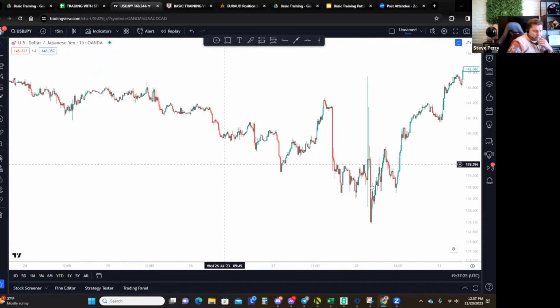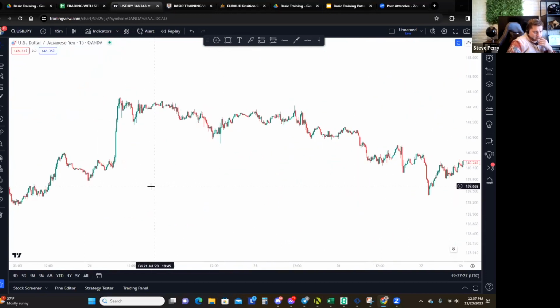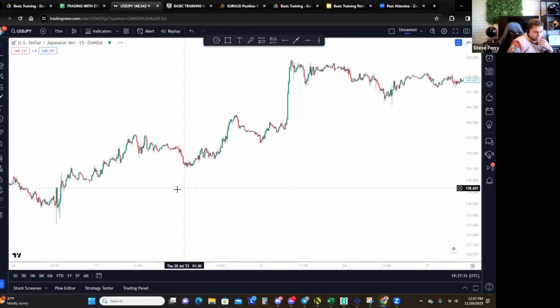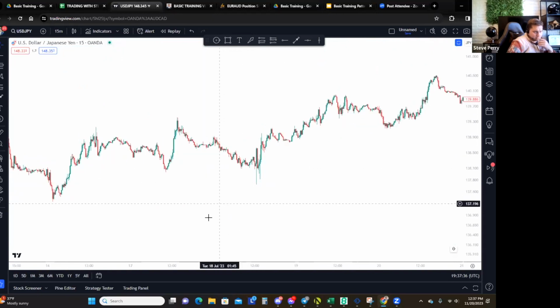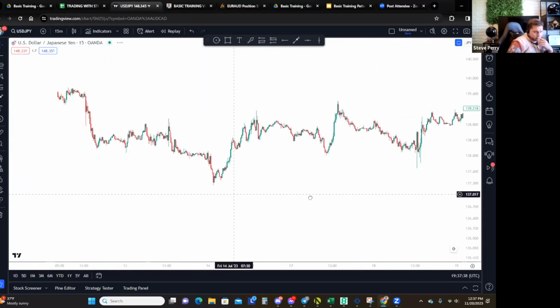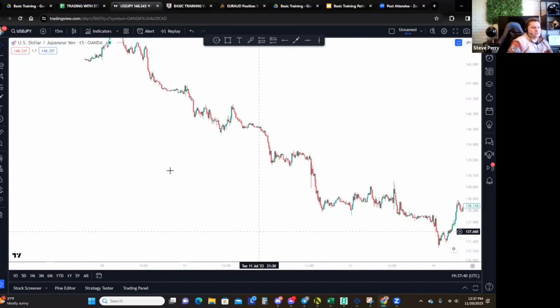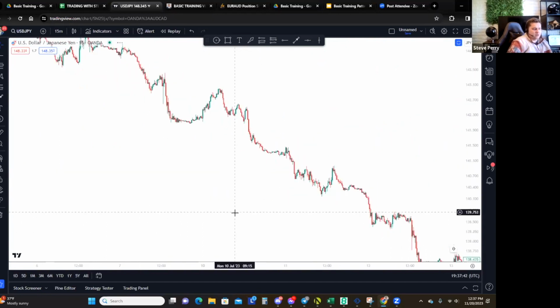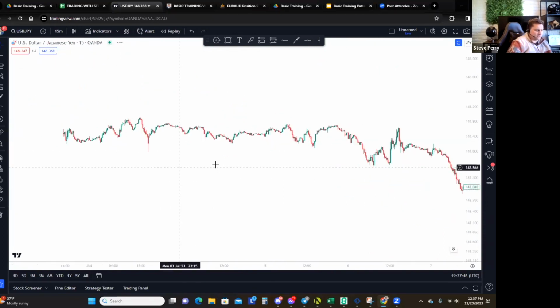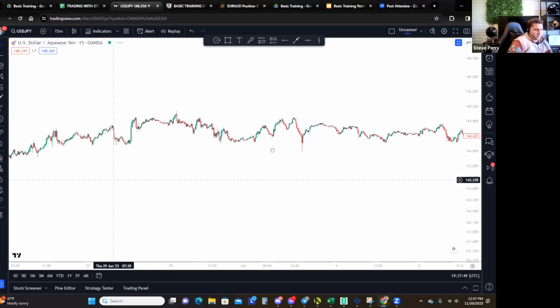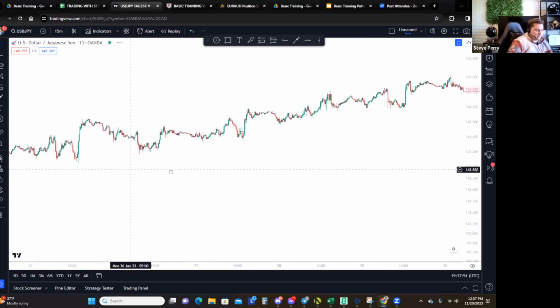There we go. Yeah, the wedges don't happen as often, but they can be pretty good if you can find one that matches your fundamentals. They can be pretty dang good if you can find them.